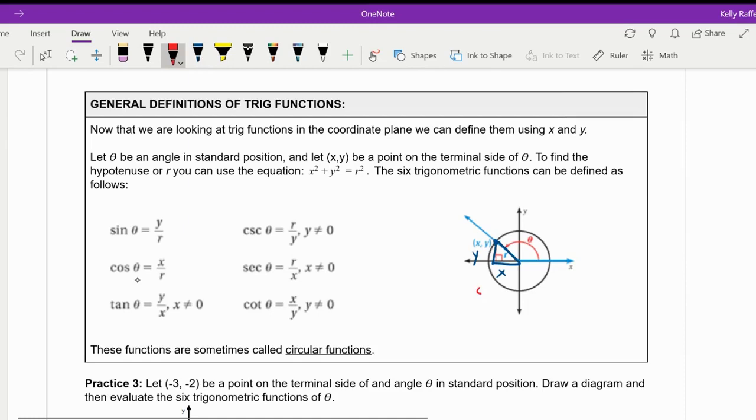And X, we can always remember is, whoops, X is always our adjacent side. Y is always our opposite side. And instead of using hypotenuse here, they just call it R, like a radius, because you can make a circle that your triangle fits in.